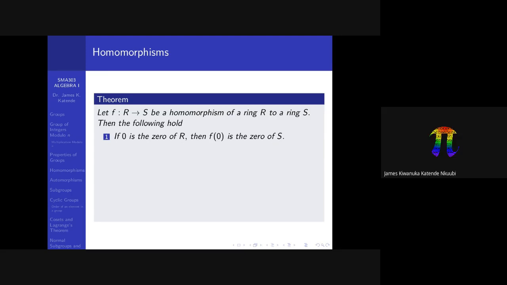Yes. Good. And also if A is an element of R, the additive inverse of A will always be mapped onto the additive inverse of the image of A.